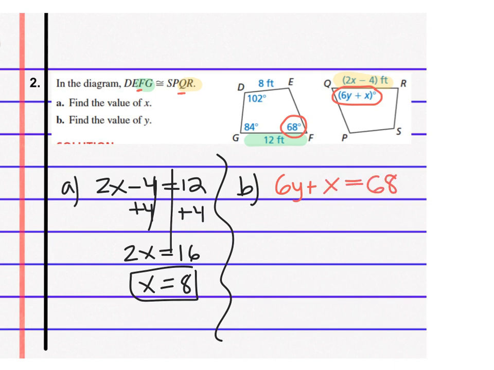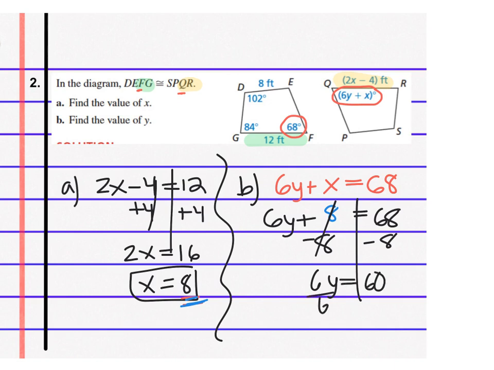I do know that x is 8. We just found that. So I'm going to plug that in. 6y plus 8 equals 68. And I'm going to solve. I'm going to minus 8. 6y equals 60. Divide by 6. And y equals 10. Okay, pause the video if you need to write anything down. I'm going to keep going.